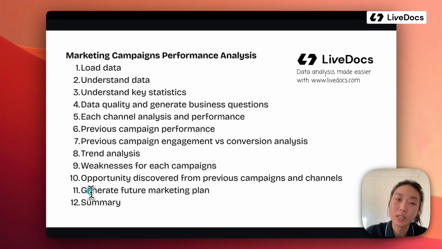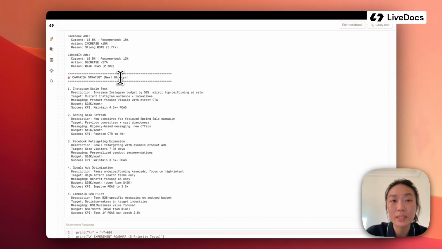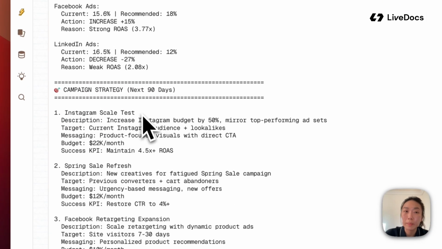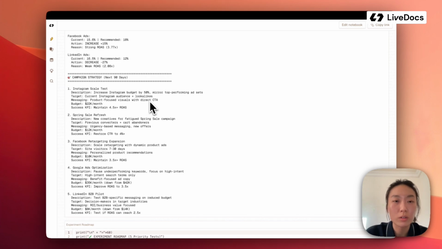So here are the graphs you can see. And after all the analysis, we are here to generate the future marketing plan. Livedocs suggested that in the next 90 days, we have to test out Instagram, and we need to increase Instagram ads by 50% and target the Instagram audience, for example the current followers we have and also similar audiences. Maybe the messaging would be product-focused visuals with direct click-through calls to action.